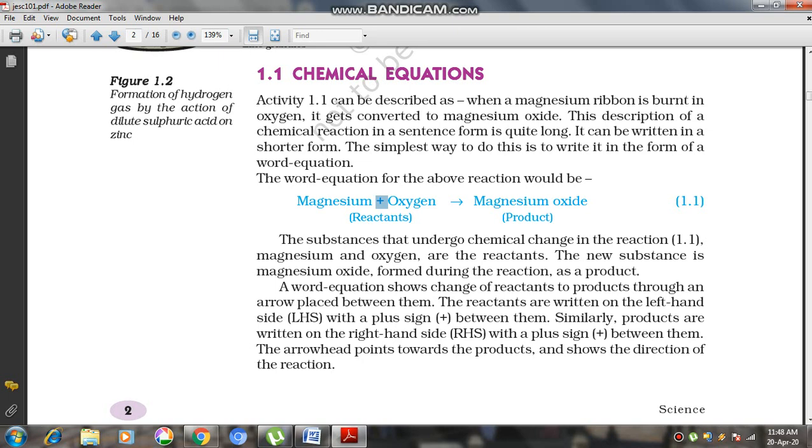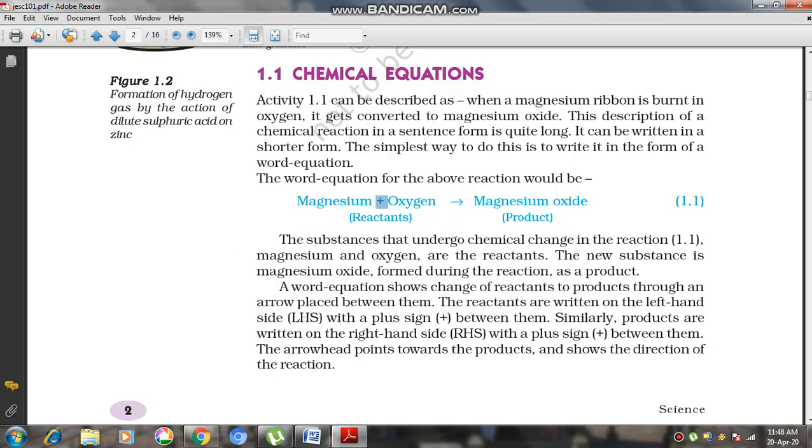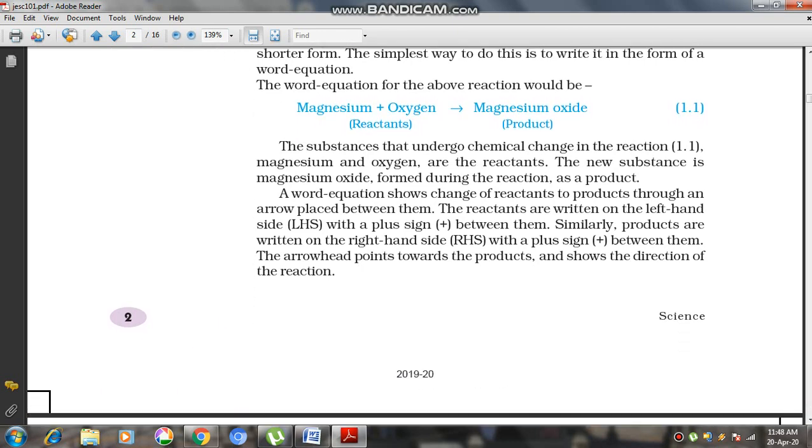The plus sign shows the inclusion of different reactants. It means magnesium adds with oxygen to form magnesium oxide, and the arrow leads to the final product. So the final product of the reactants magnesium plus oxygen is magnesium oxide. The ash coming from the magnesium ribbon is nothing but magnesium oxide.